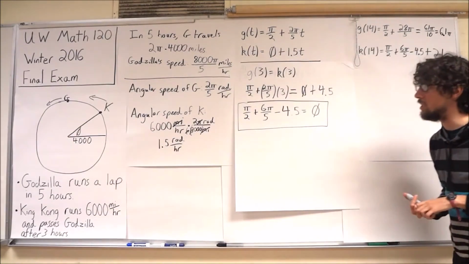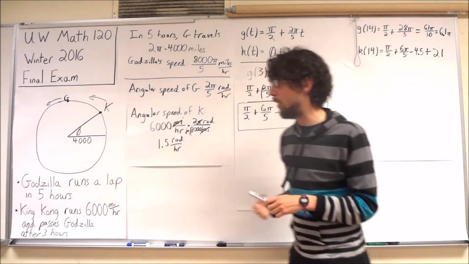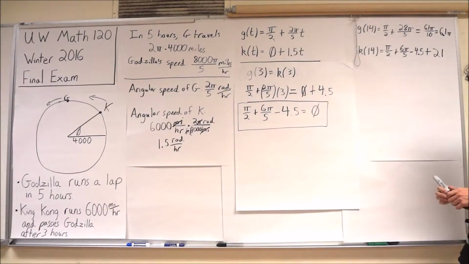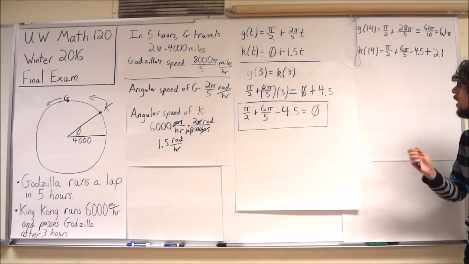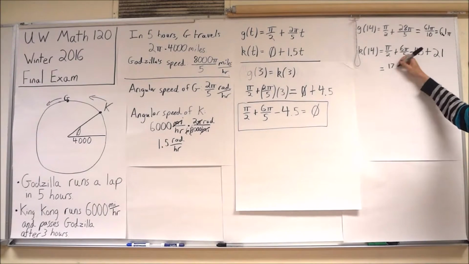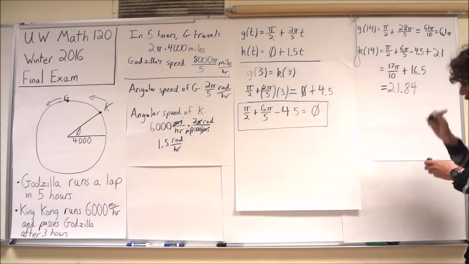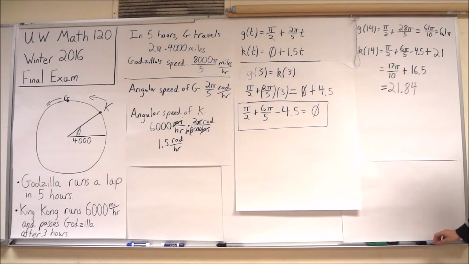So at t equals 14, Godzilla is just past, meaning just above the equator, 0.1 pi above the equator. And meanwhile, k of 14 is 21.84. This is the position in radians of King Kong at t equals 14.